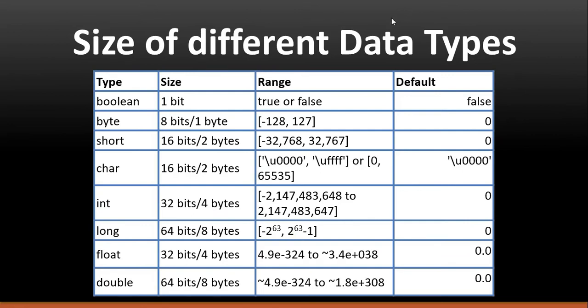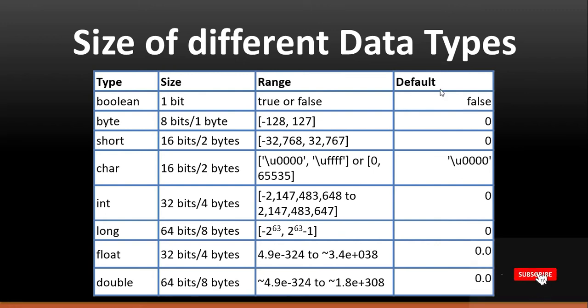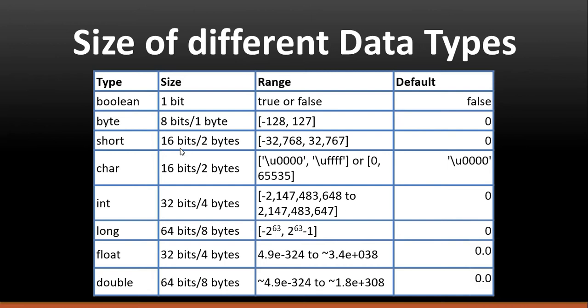Here is the table which is showing the different primitive data types available in Java, the size which it requires, and the range of the values and the default value which it can store. So you can see Boolean occupies 1 bit of memory, byte 8 bits, short 16 bits.